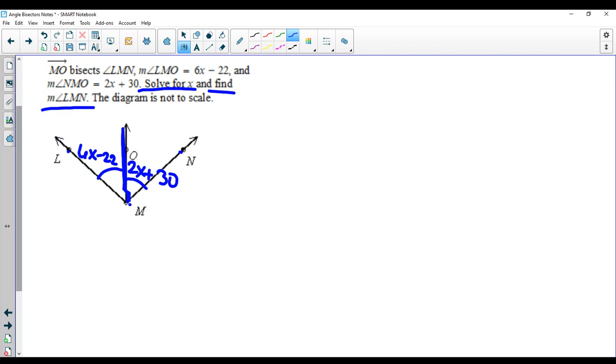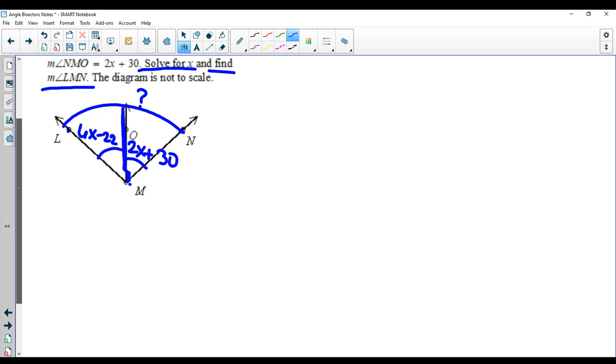What's LMN? That's the big angle. They want us to find it. Okay? Two things. Solve for x, plug it in to get LMN. So, let's set up an angle addition postulate problem.